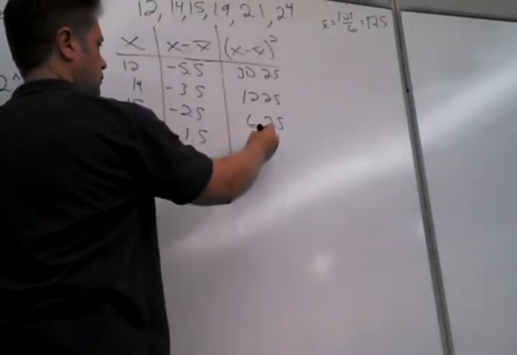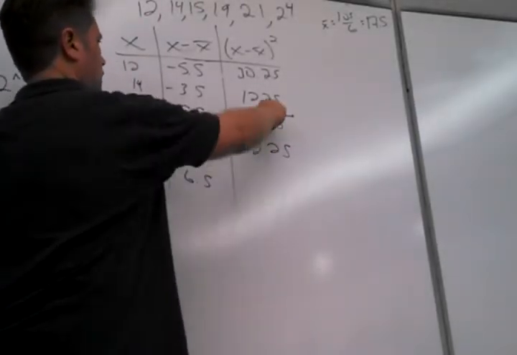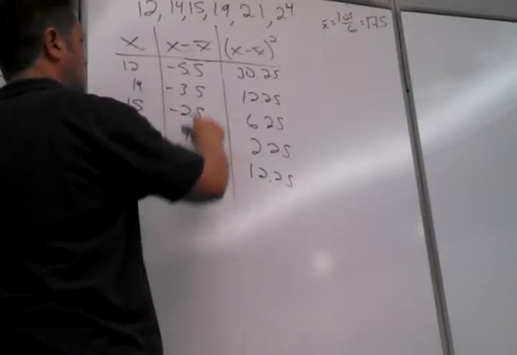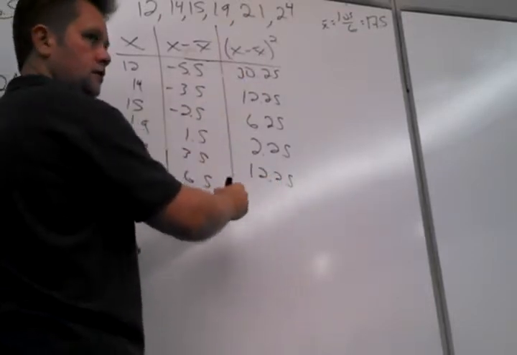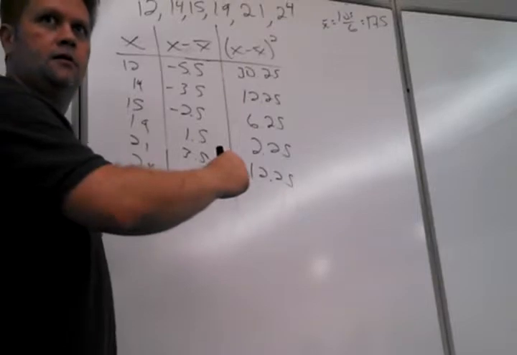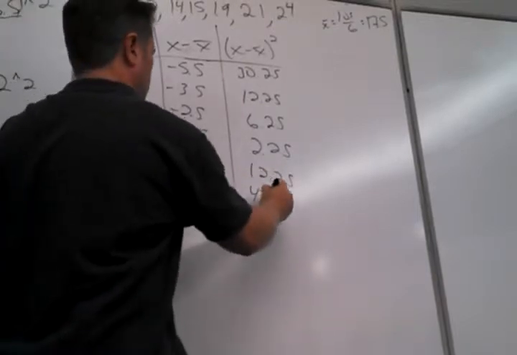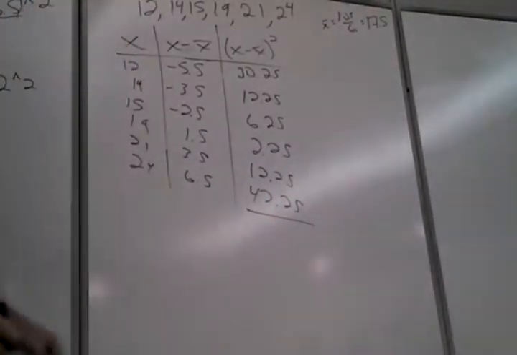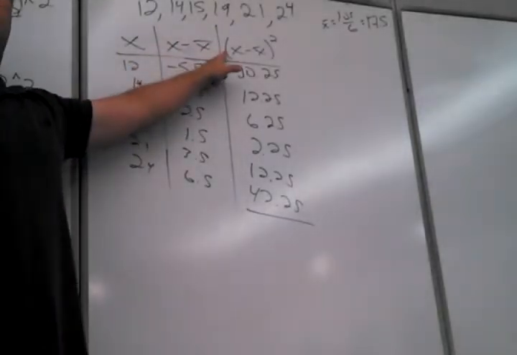1.5 squared? 2.25. 3.5 I know. And 6.5 I don't know. 42.25. Do you have to put the sigma in front of it? You definitely don't put it here because that doesn't make any sense.